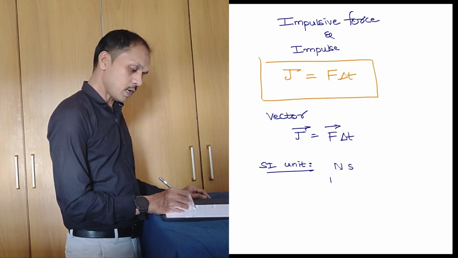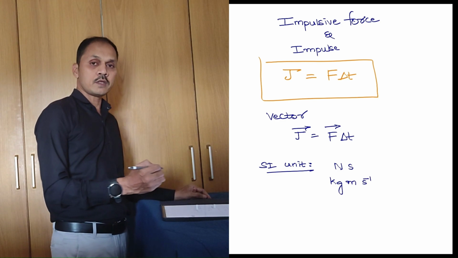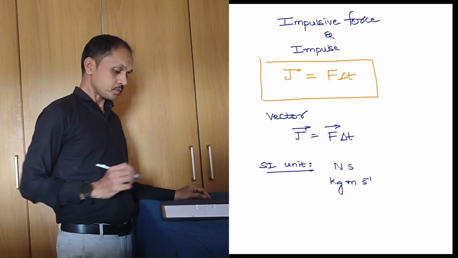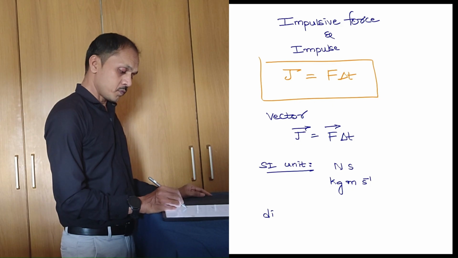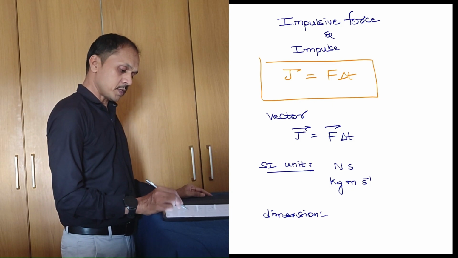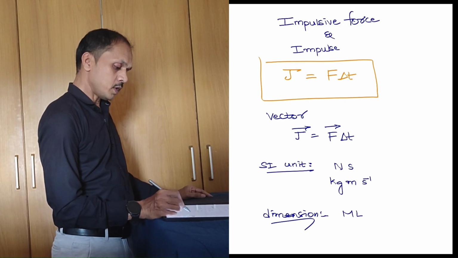You can also write this as kg meter per second, but the generally used SI unit is Newton second. Then what is the dimensional formula? The dimensional formula is M L power 1 T power minus 1.